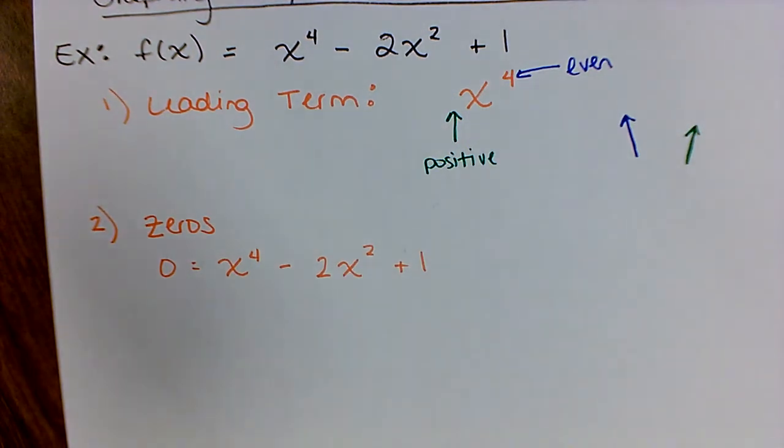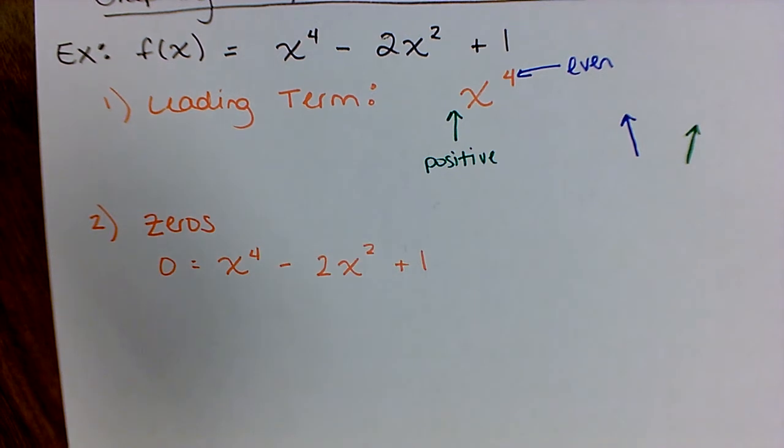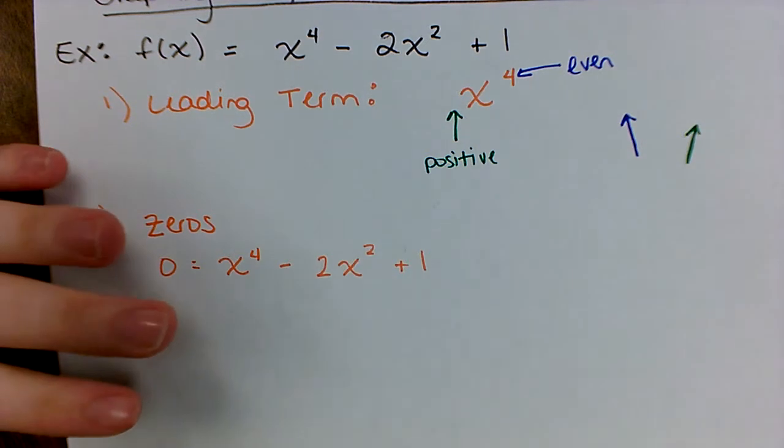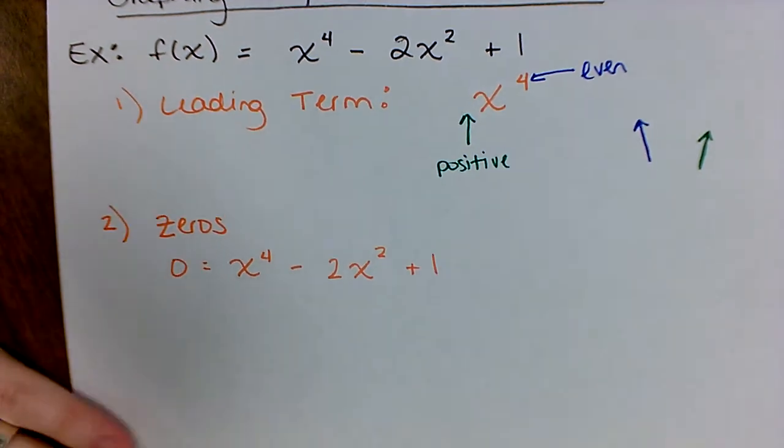So how do you think we're going to solve this? Well, if you said AC factoring, you would be correct. And if you didn't say AC factoring, it's probably because this problem looks a little confusing because you've got this x to the 4th instead of an x squared right in the front.